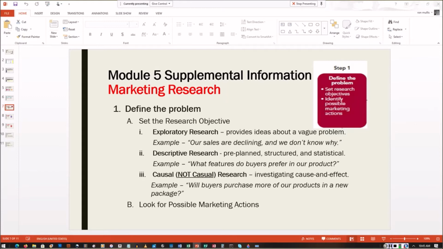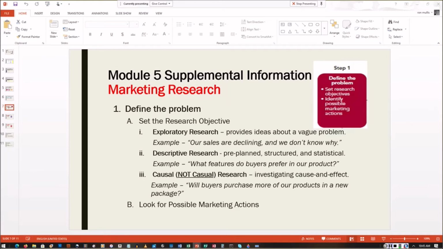Unlike exploratory research, descriptive research is pre-planned, structured, and statistical. An example of that would be, what type of features do buyers prefer in the different products that your company might offer. And then the third type of research objective is called causal research.